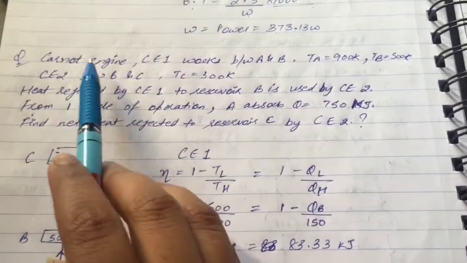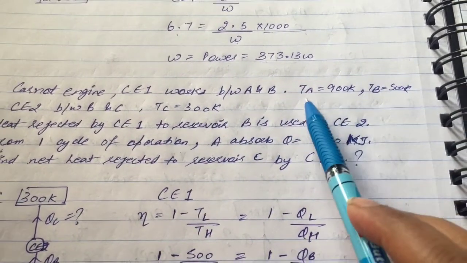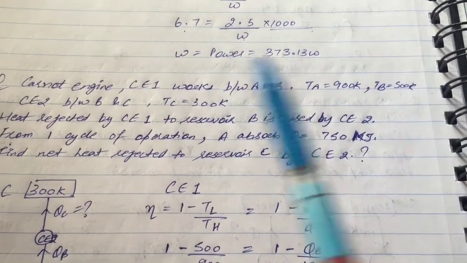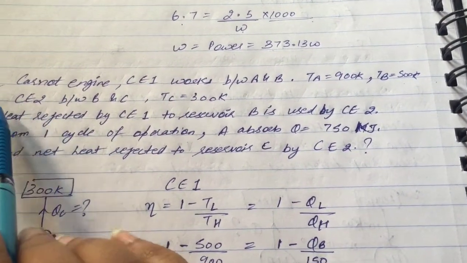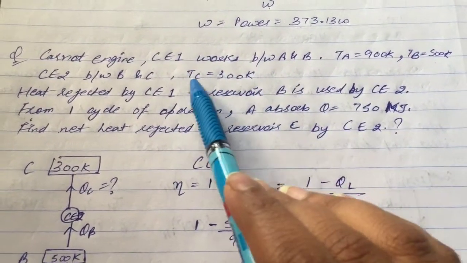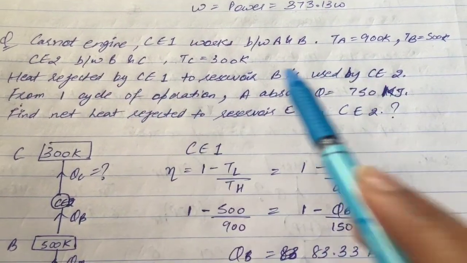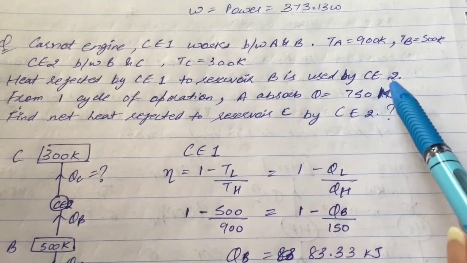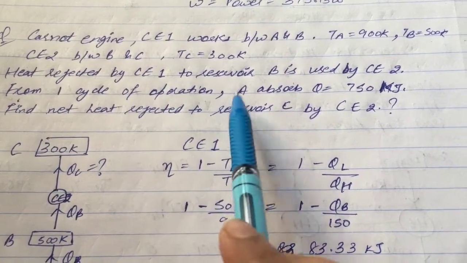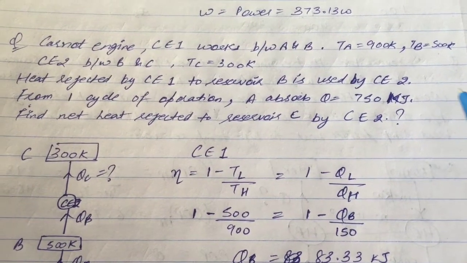Next question is Carnot engine. Carnot engine 1 works between A and B. TA is given as 900 Kelvin, TB 500 Kelvin. Carnot engine 2 works between B and C, and temperature of C is given as 300 Kelvin. Heat rejected by Carnot engine 1 to reservoir B is used by Carnot engine 2. From one cycle of operation, A absorbs Q equal to 270 kilojoule.